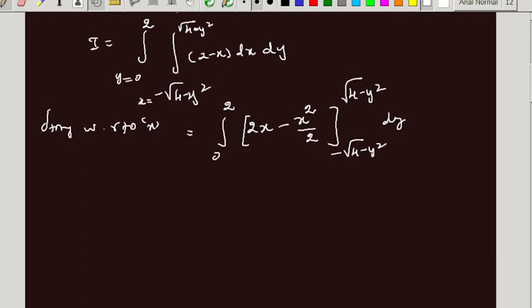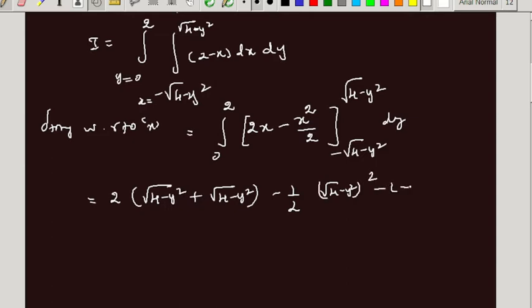So here we apply the upper limit. Here 2 is taken common. We apply the upper limit square root of 4 minus y square, minus the lower limit, and here one more minus, minus into minus gives plus square root of 4 minus y square, minus 1 by 2. Here, if we square this, the square root gets cancelled.